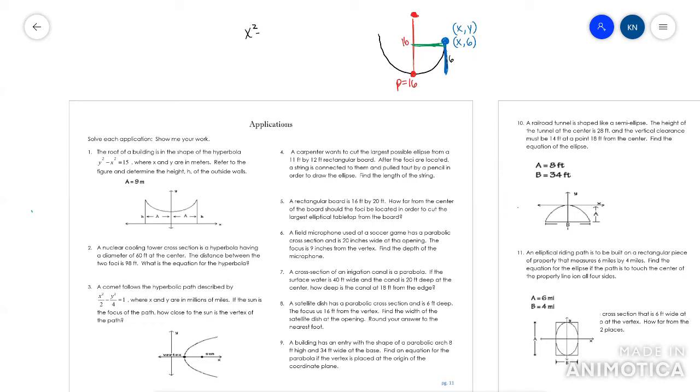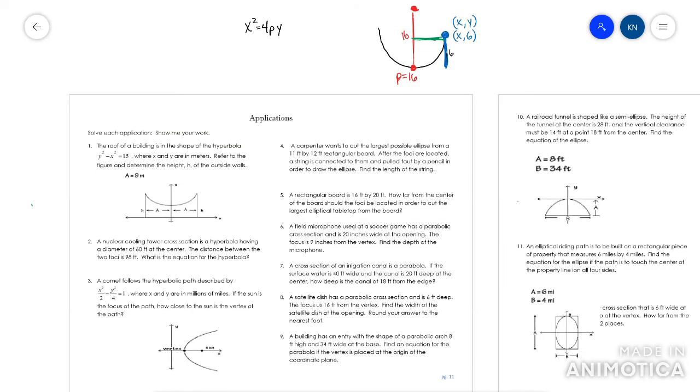So x squared equals 4py. We know the p value and we know the y value. We don't know the x value. So x squared equals 4 times the p value, 16, times this y value, 6. If you do this, you're going to get x squared equals 384. When you root that, it's like 19.6.